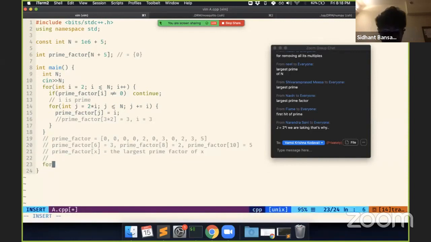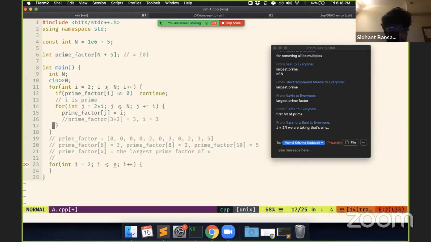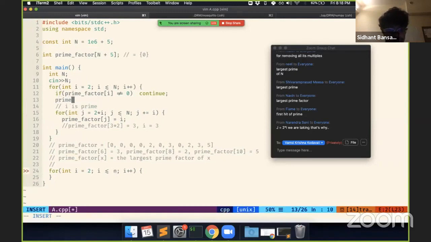This is important. Now the next step is pretty simple. Also notice, you need this line also. That is, if i is prime, then its prime factor is the number itself. Prime factor of i is i itself, right? Now you set int x equal to i while x is not equal to 1.